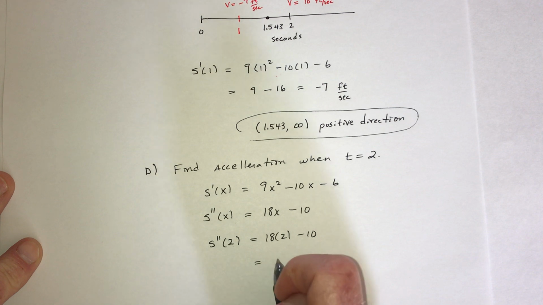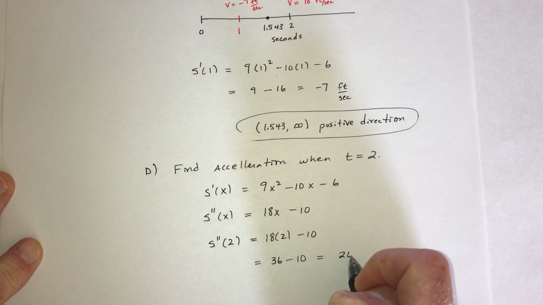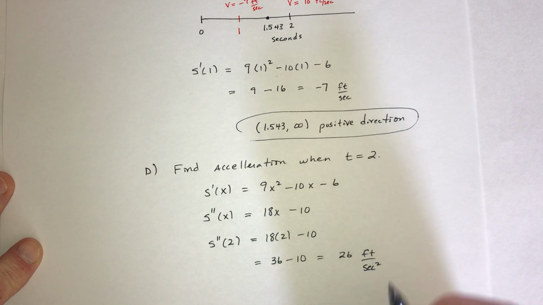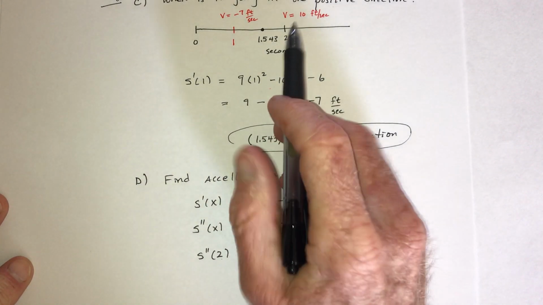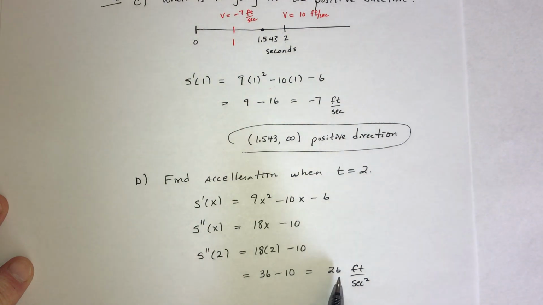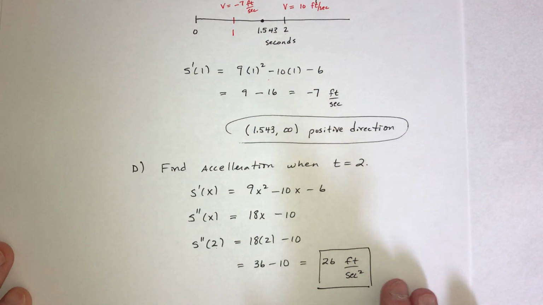So that is 36 minus 10. So that would be 26 feet per second squared. So at this moment, it's going 10 feet per second and it's speeding up pretty quickly. And that is the end of the section.